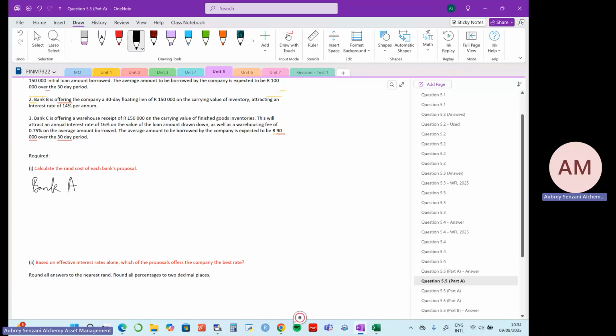There's the administration fee, and then there's obviously the 10% annual interest rate. Okay, so how then do we calculate this? What would we do to calculate this?